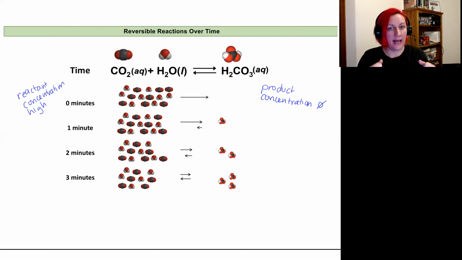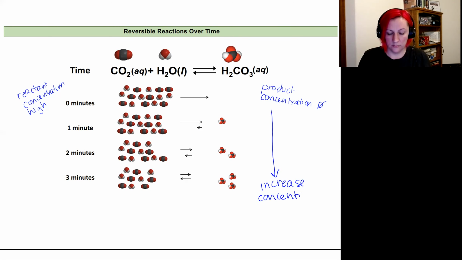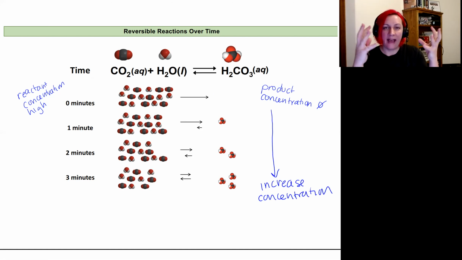And so as that collision occurs and the product forms, we'll start to slowly increase the concentration of our product. And so we'll see this product concentration increase as the reaction progresses. And for our reactants, as they collide and form products, that concentration is going to decrease over time.